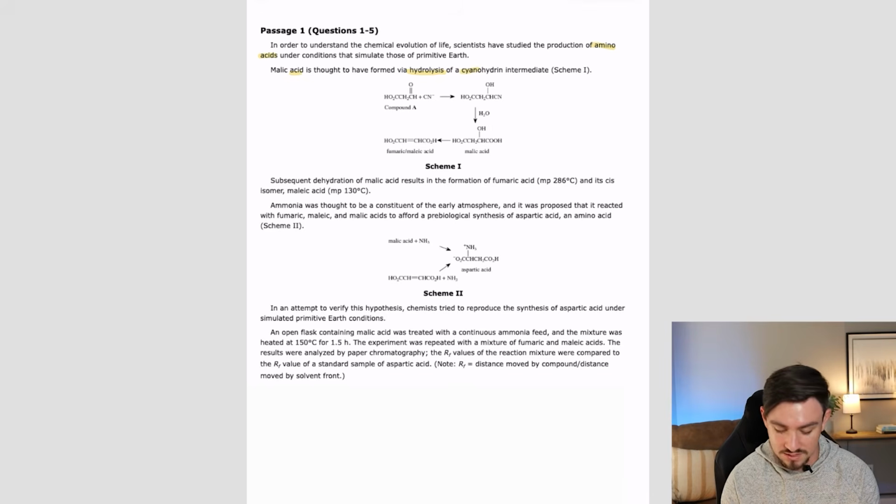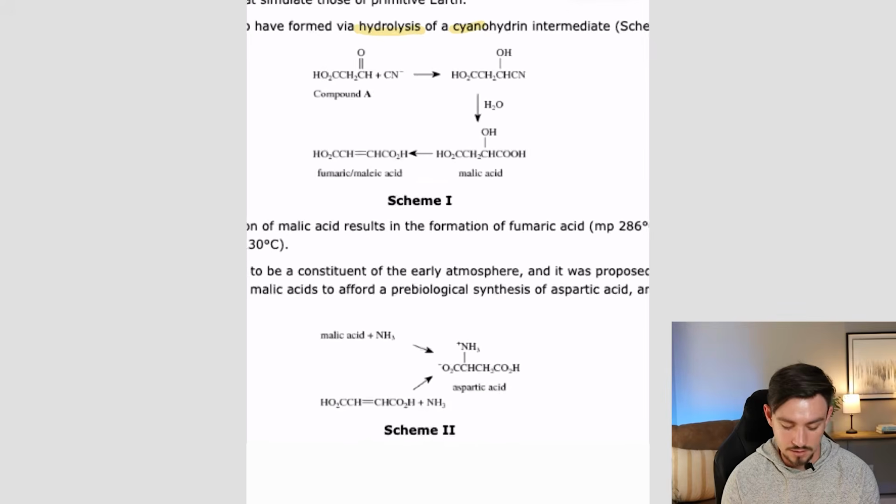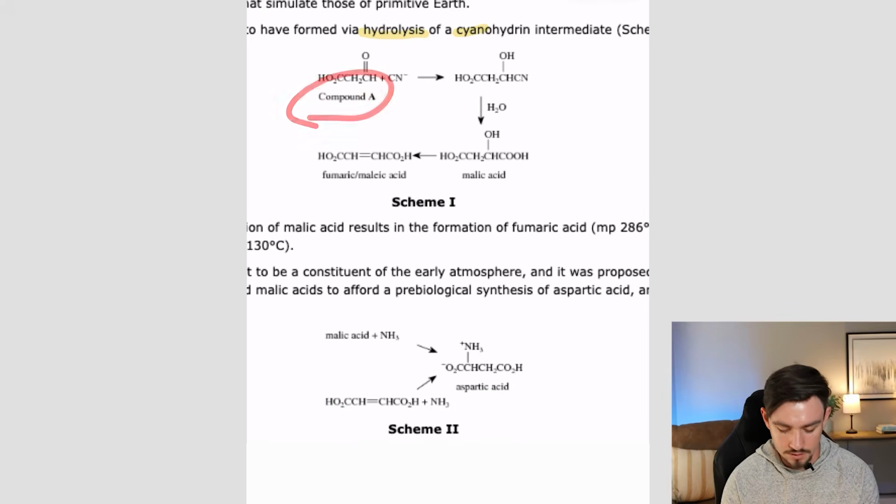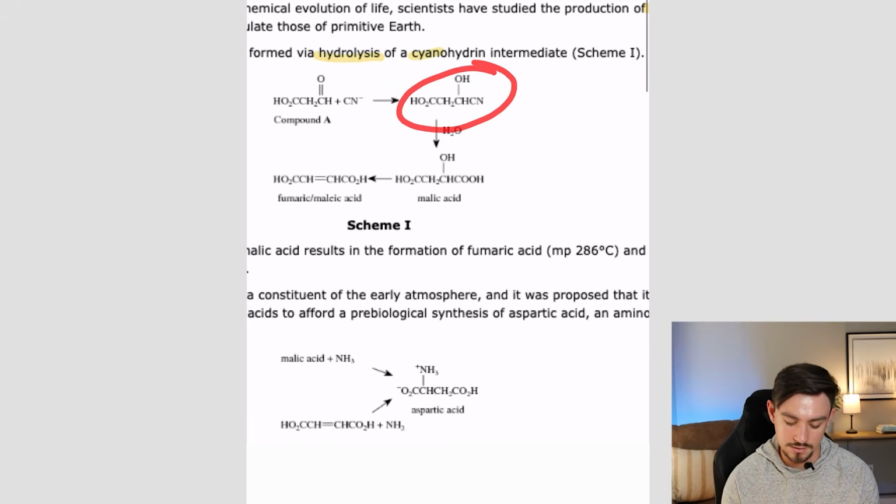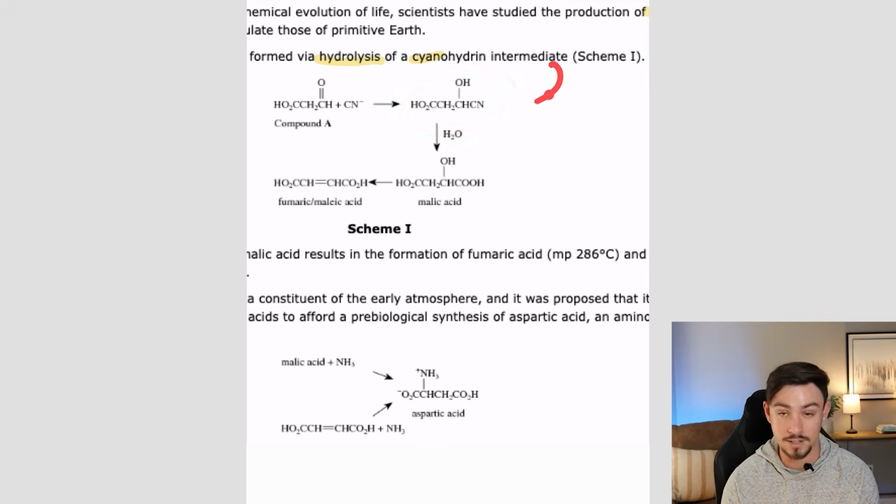And then they give us this scheme for how malic acid is to have formed. So they give us compound A. It goes through this hydrolysis reaction here, and it turns into malic acid. It looks like there's this intermediate here, and that's what they're saying is this cyanohydrin intermediate. So what is that? It's this guy right here.